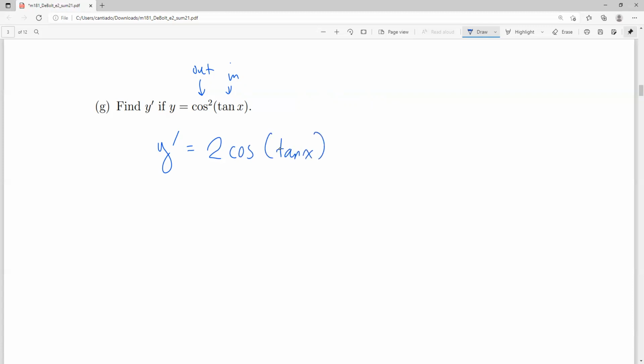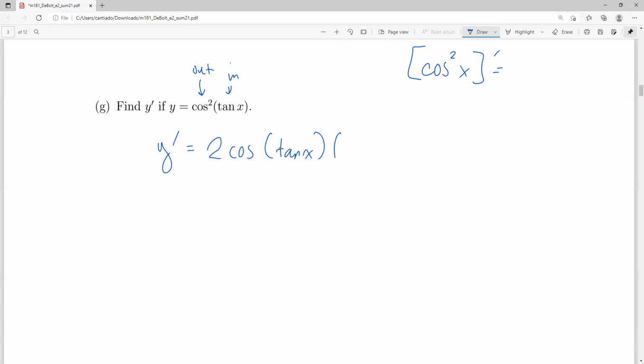Now we have to find the derivative of... Oh, wait a minute. We also have to multiply this by the derivative of cosine, I believe. Am I remembering this correctly? If you have cosine squared of x, and you take the derivative of that, what is that?